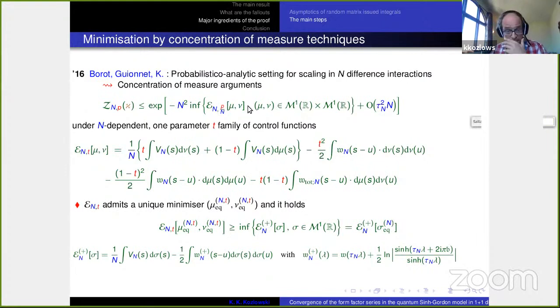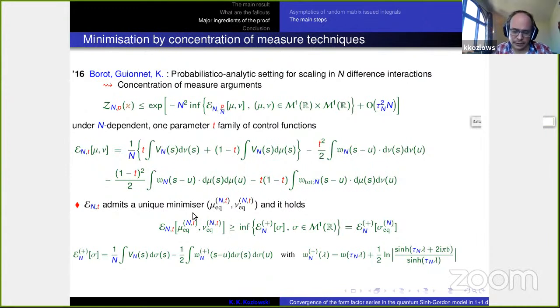But this functional now depends on n. It has some closed form. It's quadratic in the measures. You can actually already explicitly characterize the minimizer of this functional by solving Riemann-Hilbert problems, but they are highly dimensional, so it's better to reduce the problem.